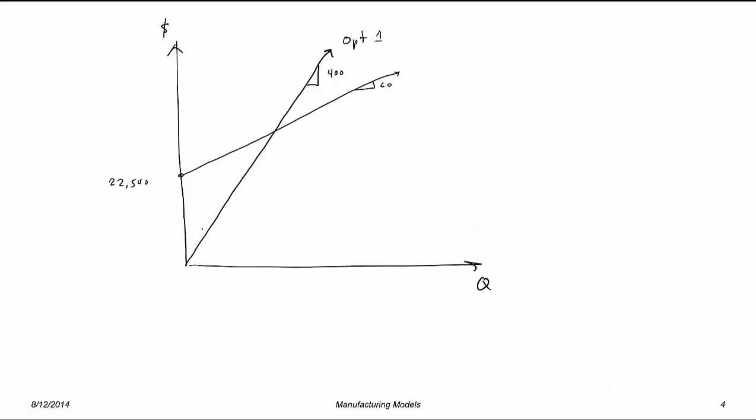Clearly what I want to do is stay here along this bottom frontier. At this point we have Q star, our break-even, sometimes called the point of indifference, since at this point it doesn't matter whether I choose option 1 or option 2.